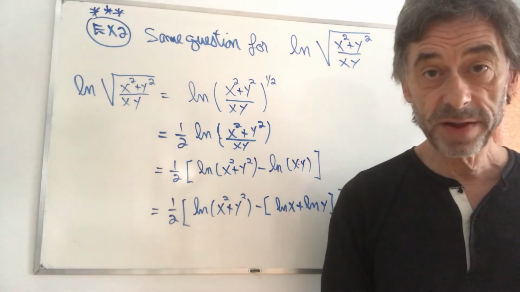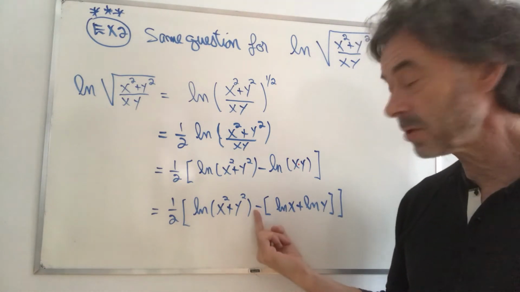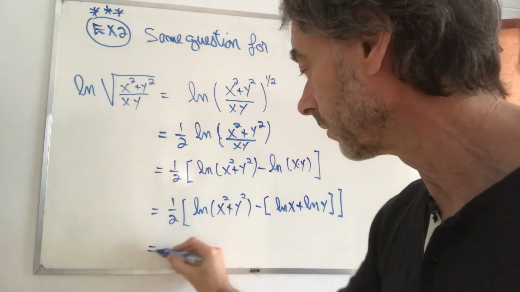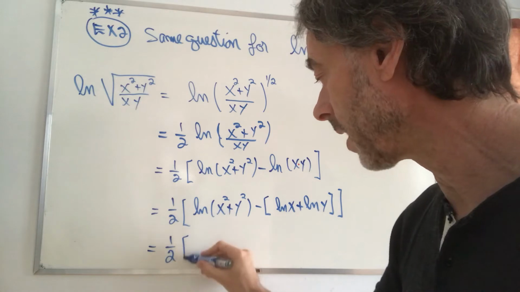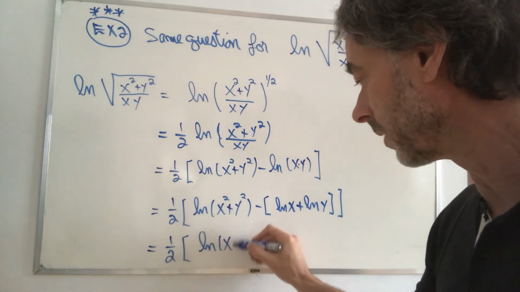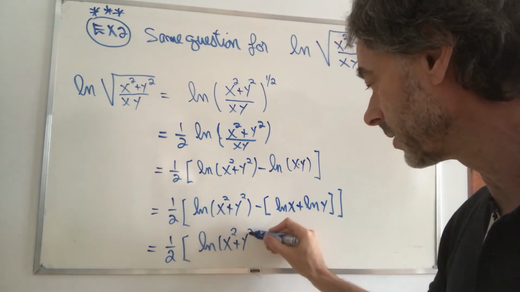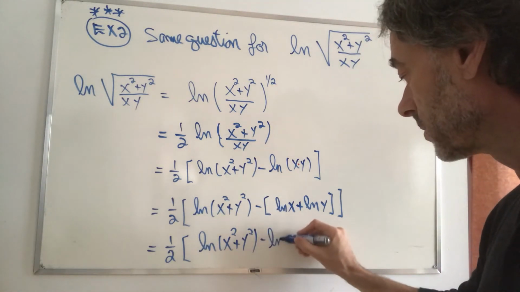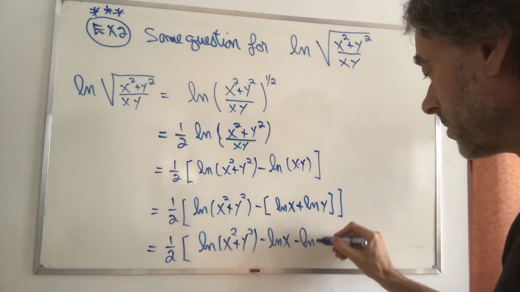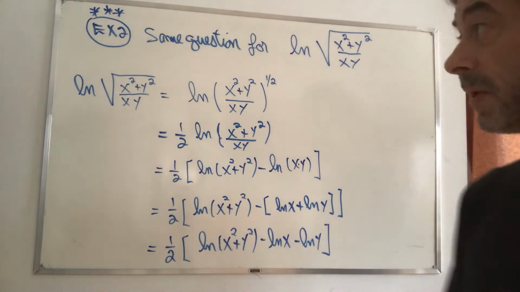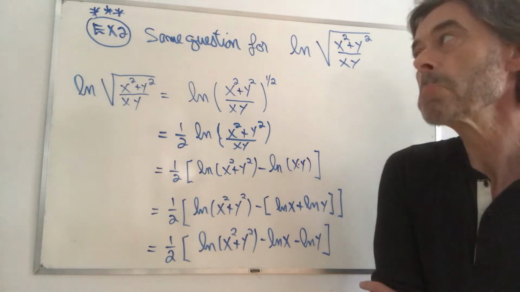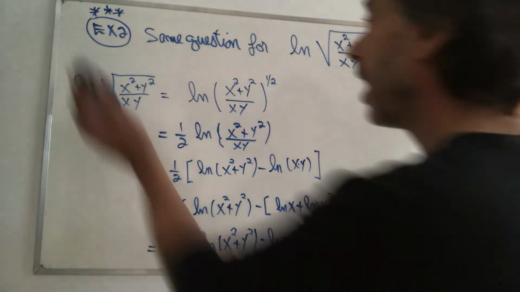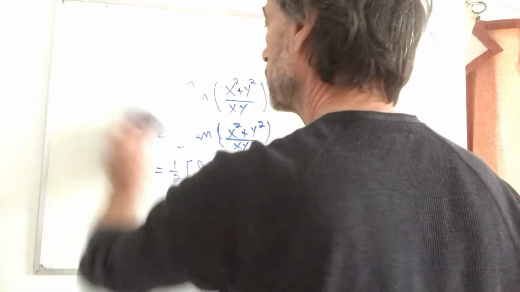And if I wanted to simplify this just a tad, it would make sense to bring the minus in front of this bracket, and the final answer to this would be 1/2 big bracket ln of x squared plus y squared, which cannot be changed. And then I would distribute the minus into the bracket, so minus ln x minus ln y. And that will be my final answer. I don't know if this is worth 3 stars. You be the judge. All right, on to something else.